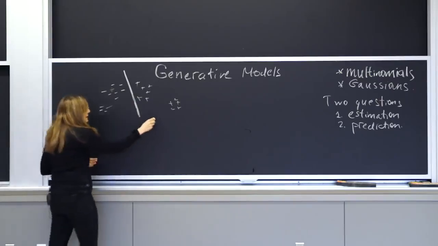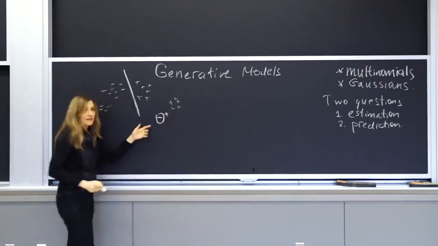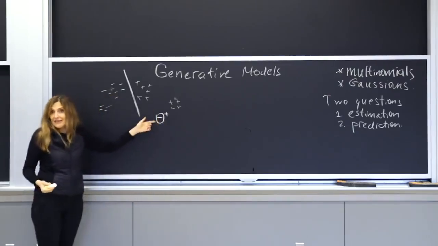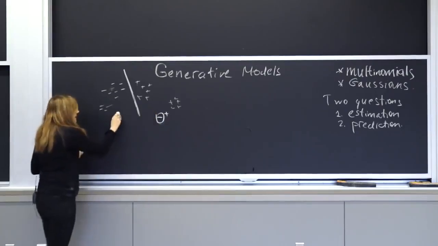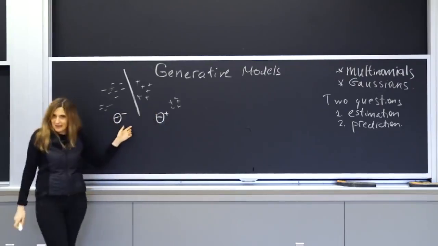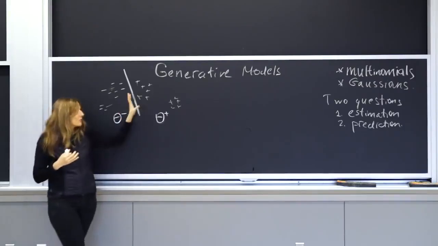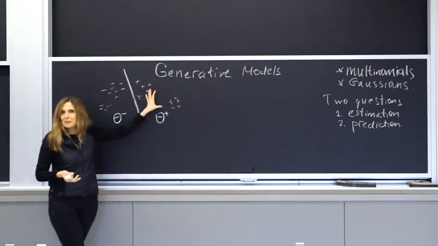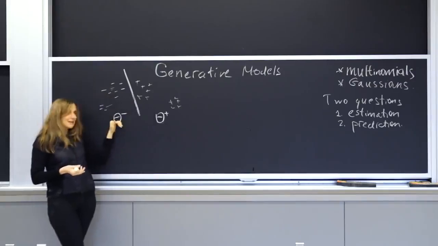Find thetas, correct? Find thetas for this class. I would denote them as theta plus, and also find the parameters for this class in such a way that they will give the highest likelihood to the points, for instance, on the plus side. Okay, so we'll use this data to induce those theta pluses and use this data to get theta minuses.